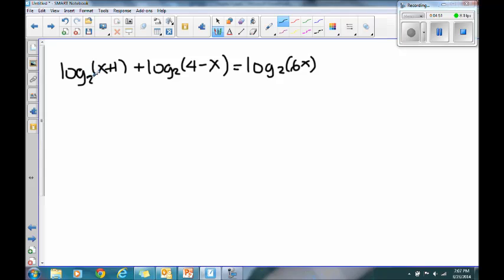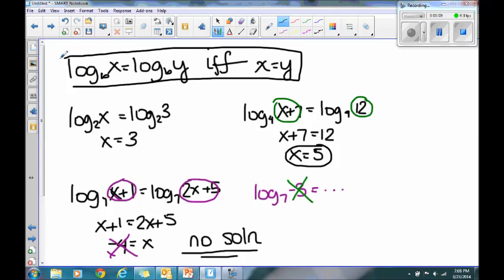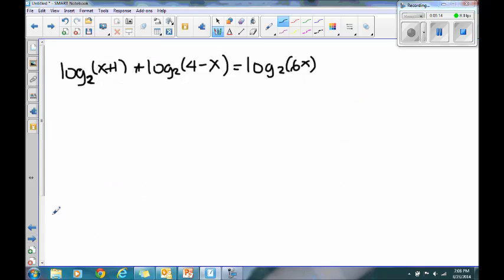Now our one-to-oneness of our log functions doesn't say anything about what we can do when we have sums or differences. So what we have to do in order to make it look like this, so we can draw the conclusion on the right, is use our properties of logs. So I know plus goes back together as a product.